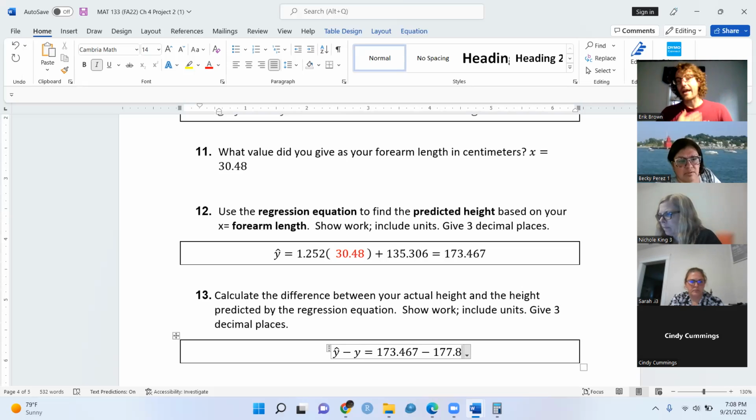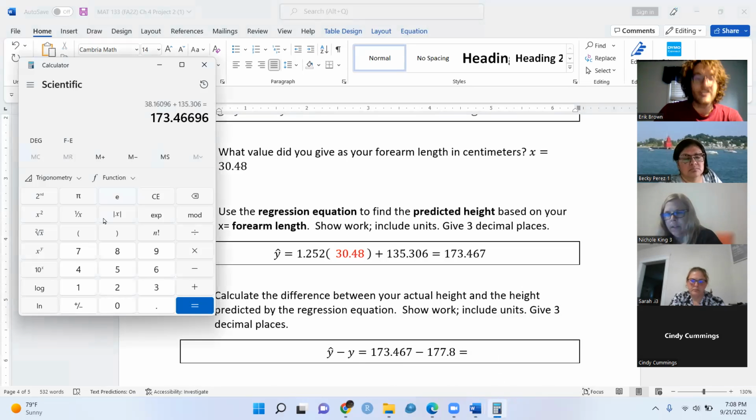So that's my actual height. If I had a 30.48 centimeter forearm, I would have been predicted to be this tall. So then we calculate the difference between those numbers, and that's called the residual. And that's something you all haven't learned about yet. I get 4.333.